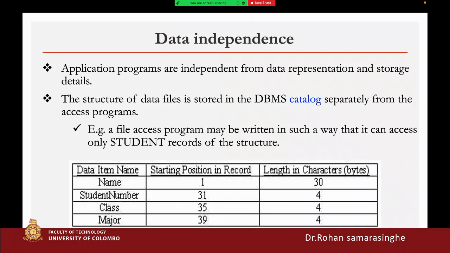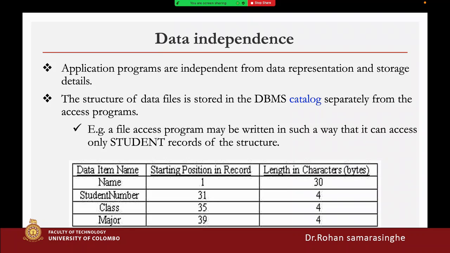So the application programmer, the person who develops against the database management system, does not know where the data is saved. He knows the path to the database server and the database name, but he does not know in what disk or in what platter the data is physically stored. That is independent from the data representation and storage.